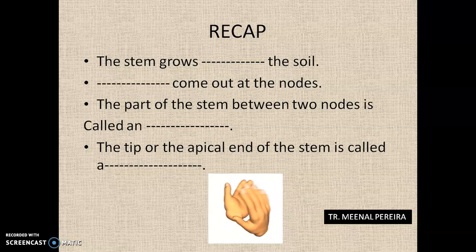Leaves. The part of the stem between two nodes is called an internode. And the tip or the apical end of the stem is called a bud.